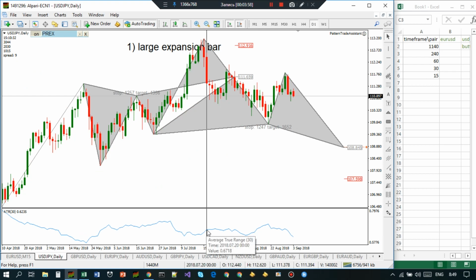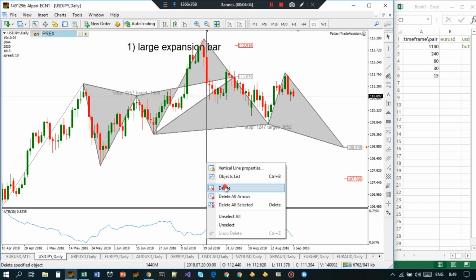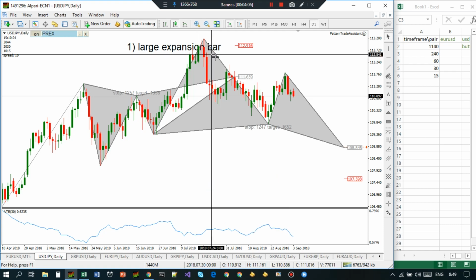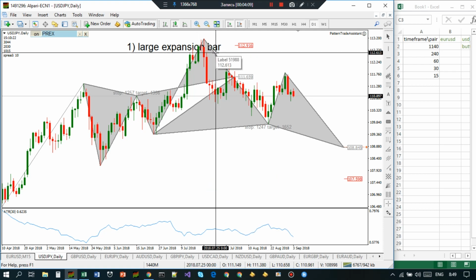The average true range says 671 pips for this bar. So if it is twice more, then it would be a large expansion bar, and it is 1250.